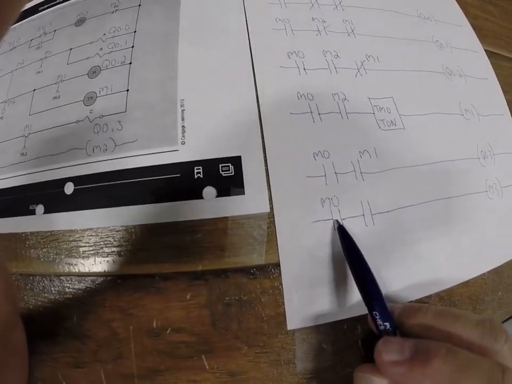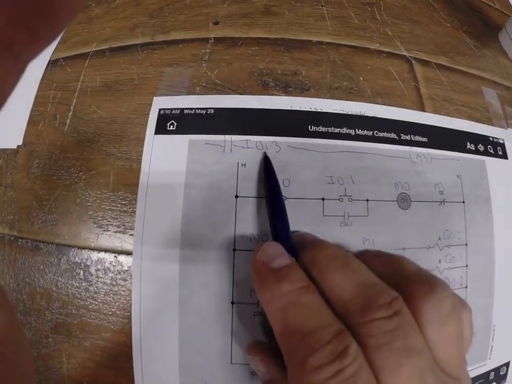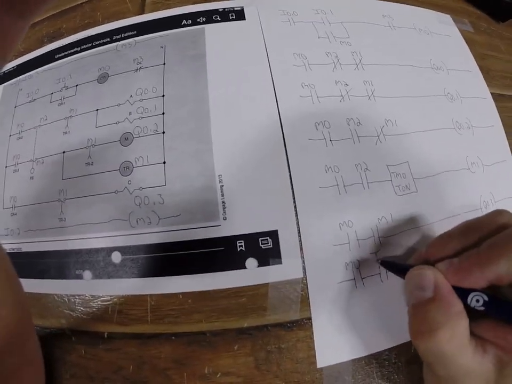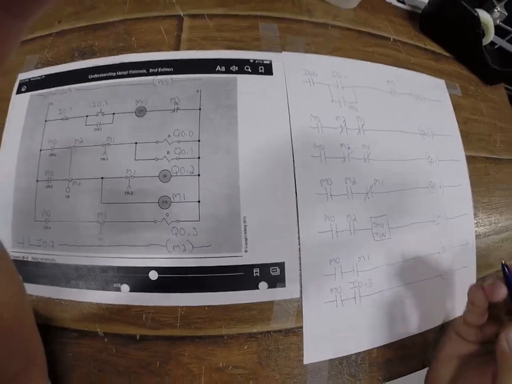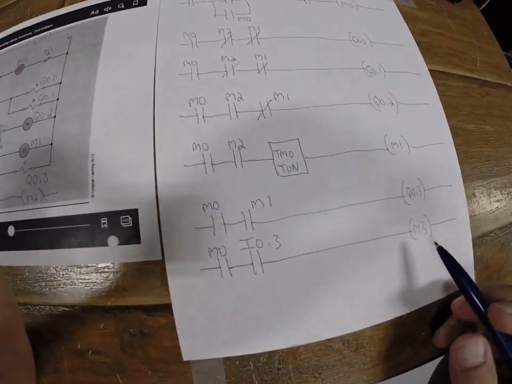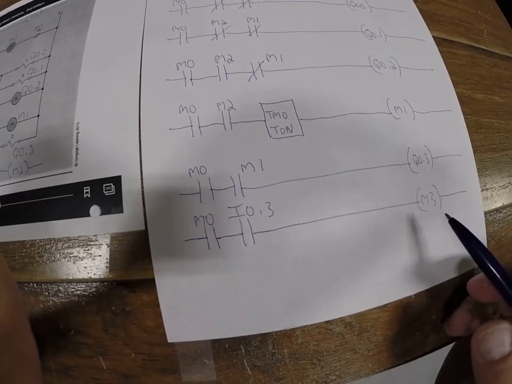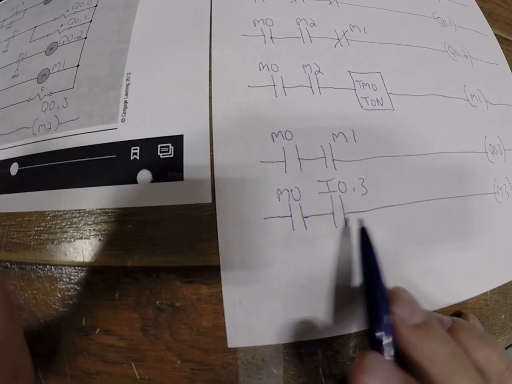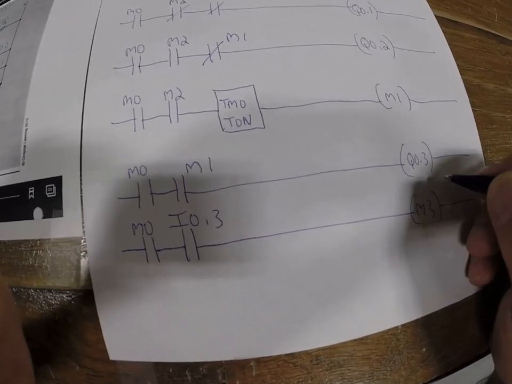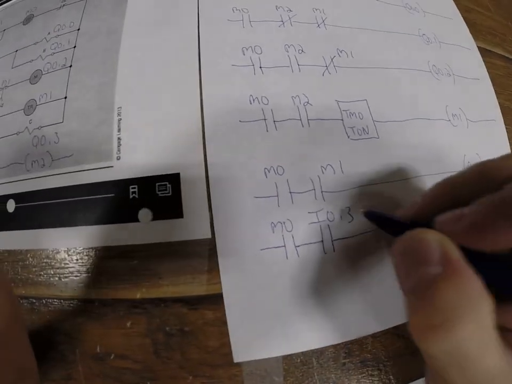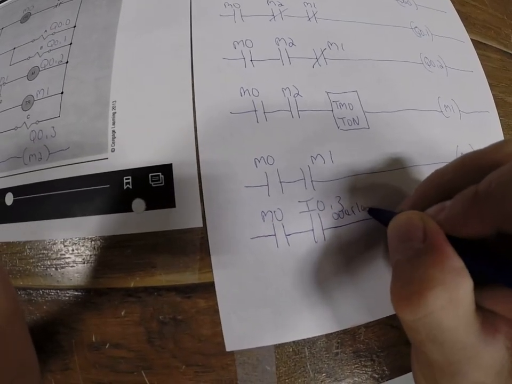This is going to be input 3 to control my overload, because I've already used up the first two inputs. And that's input 3. This is going to be my overload, and that's why I'm calling that. I'm going to be able to trigger that.